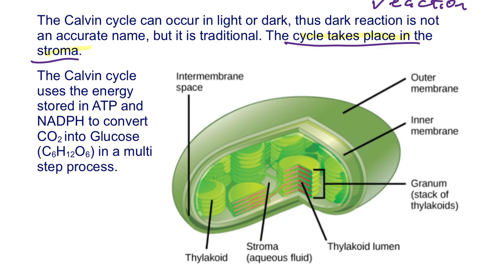Again, here's the picture. Just to remind you, stroma is a liquid surrounding the thylakoids. Thylakoids are part of the inner membrane. It branches off to the thylakoids in this space.